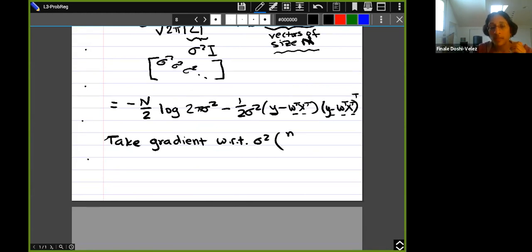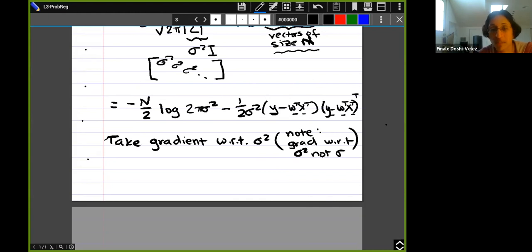And note that I'm using the gradient with respect to sigma squared, not sigma, because that is going to generally simplify my life. The only way in which sigma appears in this expression is through sigma squared, and so I'm not going to bother with any additional derivatives of sigma squared with respect to sigma.